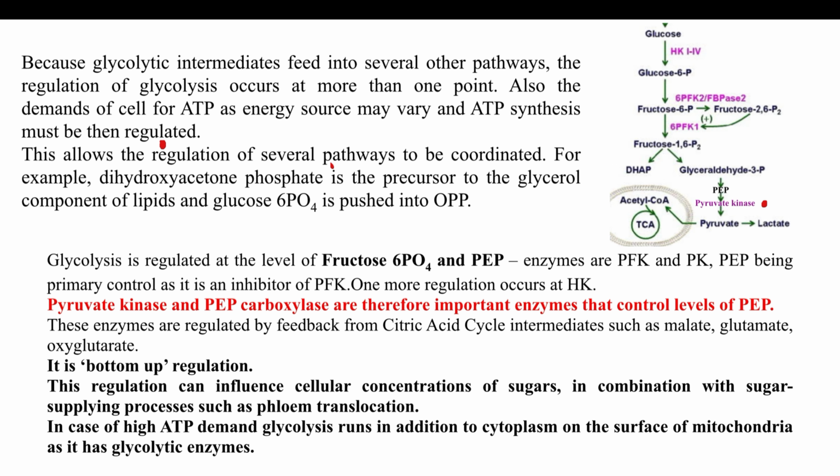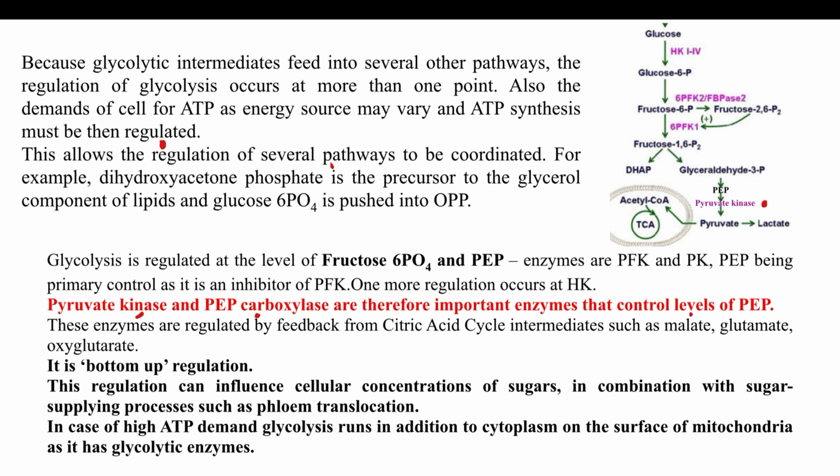What stops pyruvate kinase? Simply, a lot of ATP molecules available in the cell will tell pyruvate kinase, you need not catabolize pyruvate now because we do not want ATP to be produced. As simple as that. There are other molecules also which are involved. So this is a major step where you can check glycolysis.